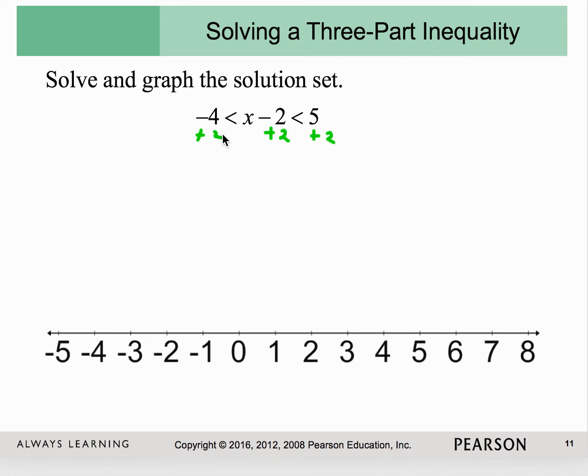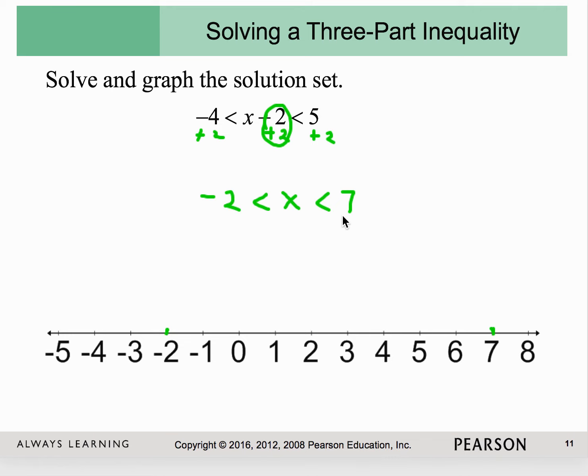All three sides. So negative 4 plus 2 is negative 2 is less than x is less than 7. So this just means, hey, x is any number in between negative 2 and 7. Okay, so I'm going to find the negative 2 and the 7, and I'm going in between there. The only question is parentheses or brackets.